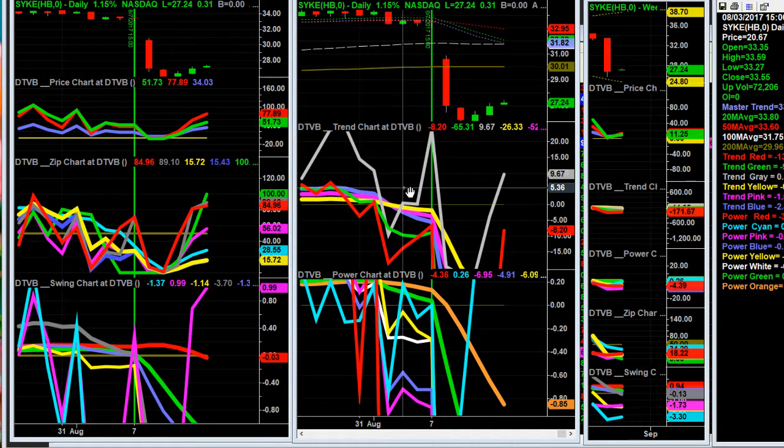Trend gray right there 2 days before the vertical green line is at 0.59. 1 day before the vertical green line, trend gray is at 0.22. So you're basically at 0.4, a little bit under 0.4.